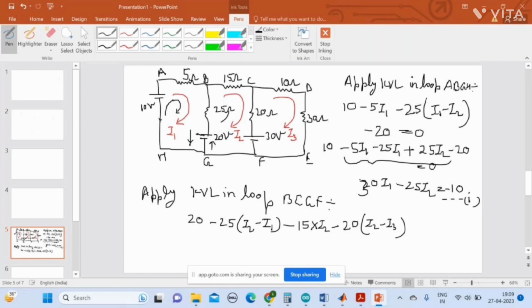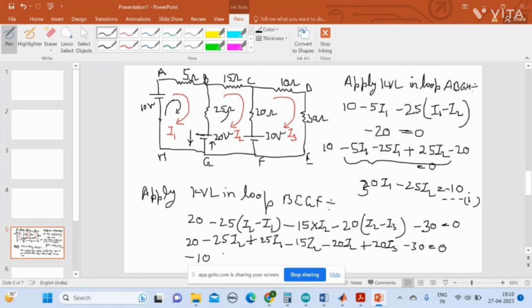Now open this: 20 minus 25I2 plus 25I1 minus 15I2 minus 20I2 plus 20I3 minus 30 equal to 0. Now solve this. 20 minus 30 is minus 10. 25I2, 15I2, and 20I2 will come out to be minus 60I2, and 25I1, and 20I3, equal to 0.